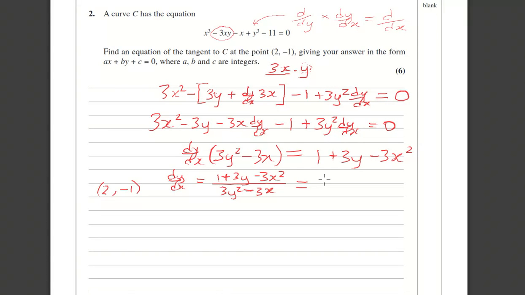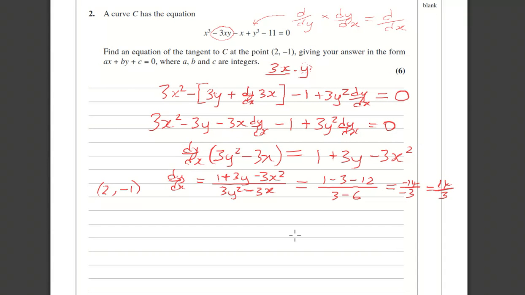And so that's going to equal, when x is 2 and y is minus 1, 1, take away 3, take away 2 squared is 4 times 3 is 12. So I think that's minus 14 on the top. And on the bottom you're going to have 3, take away 6. And so overall you've got minus 14 over minus 3, which is 14/3.